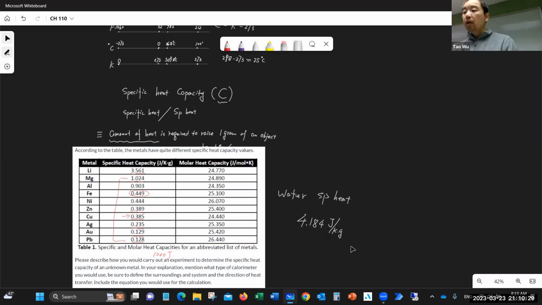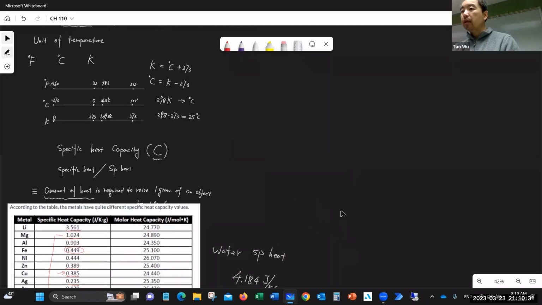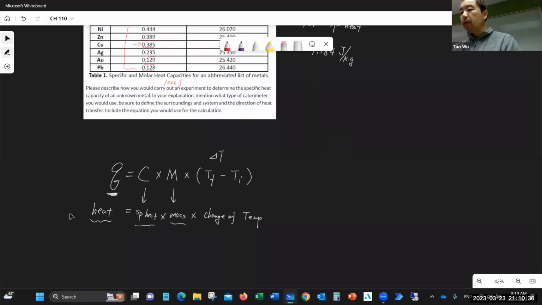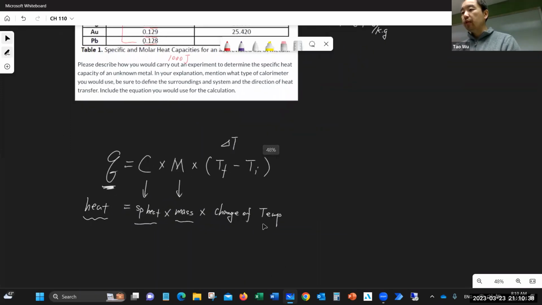All right, so this is what we talked about last time. Last part we talked about one equation: heat equals specific heat times mass times final temperature subtract the initial temperature. We know that when the temperature of an object increases, it is absorbing heat.